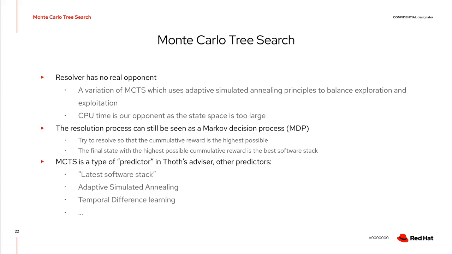The resolution process resolves software stacks that respect version specifications and also environment markers. And then the predictor acts as a guide who helps the resolver to resolve software stacks. There is also another abstraction that is the scoring pipeline, and I will talk about it later on.